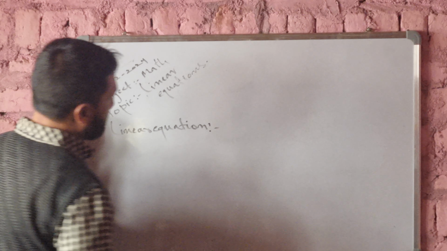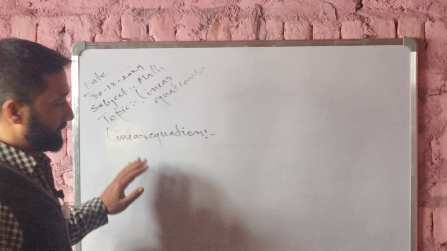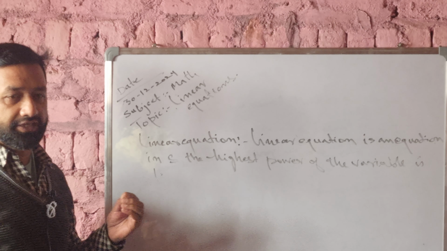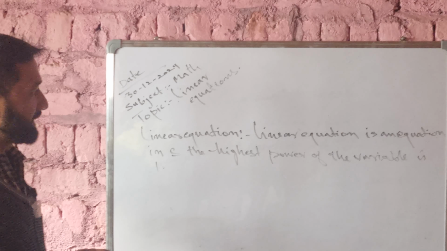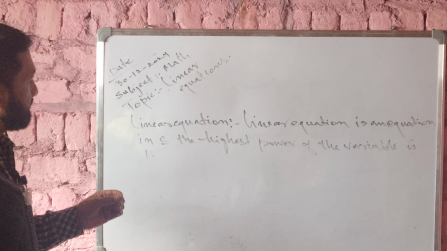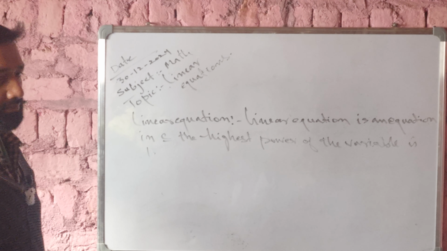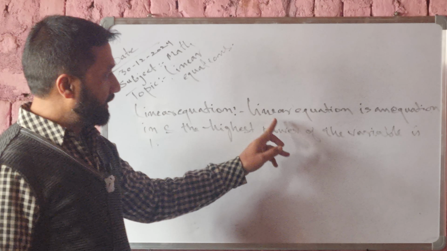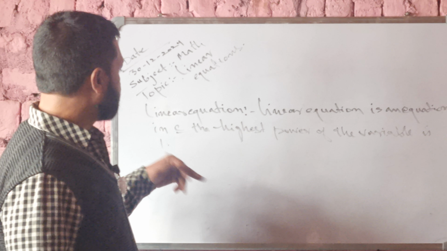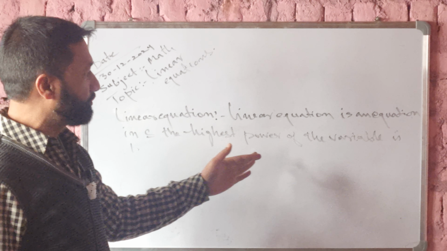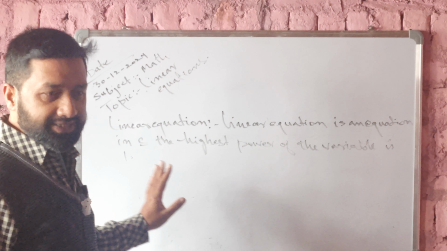Linear equation. What is a linear equation? Listen very carefully, only then will you be able to comprehend the concept of linear equation in mathematical terms. A linear equation is an equation in which the highest power of the variable is always 1.